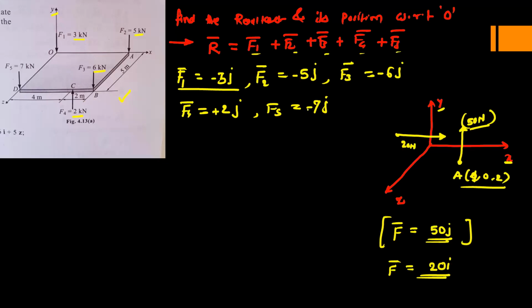Next step is we have to find out the resultant. So for the resultant R bar, we have to use this formula. So just add all the vectors: -3j, -5j, -6j, +2j, and -7j.